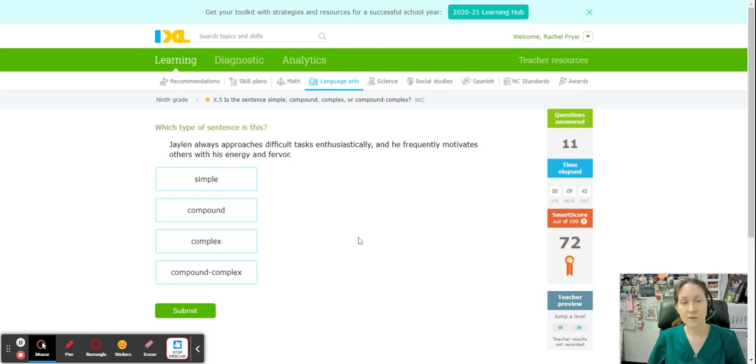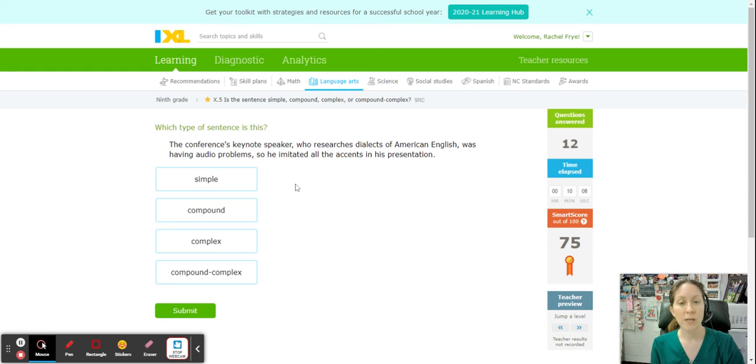All right. So, guys, when you're looking at these sentences, you're looking for several things. One, look for your subjects and verbs. Those are going to be your main ideas. Past that point, do you see any words that could make something less important than the rest of the sentence? Those are likely going to be your complex. When you see comma and, like this one right here, a comma and, that's going to denote a compound.